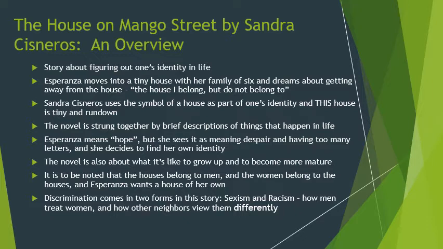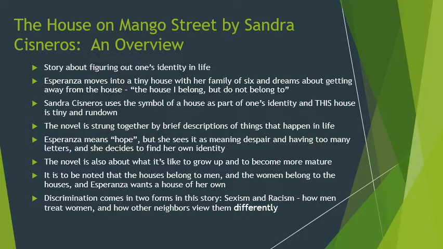Okay, so she moves into a tiny house with her family of six, and dreams about getting away from the house. She just moved in. She's dreaming about getting away because it is the house I belong to, but do not belong to. Sad, really.